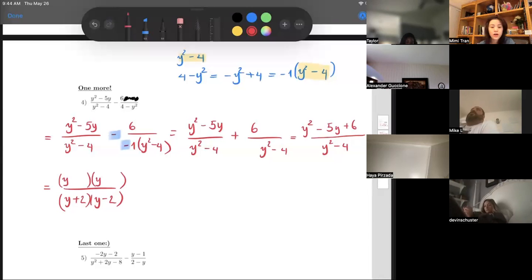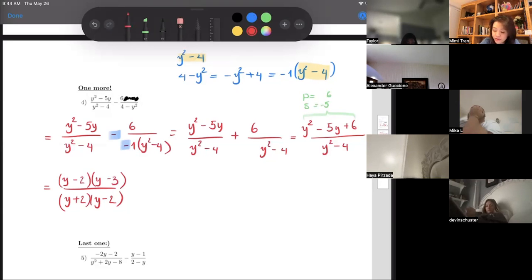So there's y and y. What two numbers multiply to give you positive 6 and add up to negative 5? Negative 2 and negative 3. Right, thank you, Mike. Positive 6, negative 2 and negative 3, right?